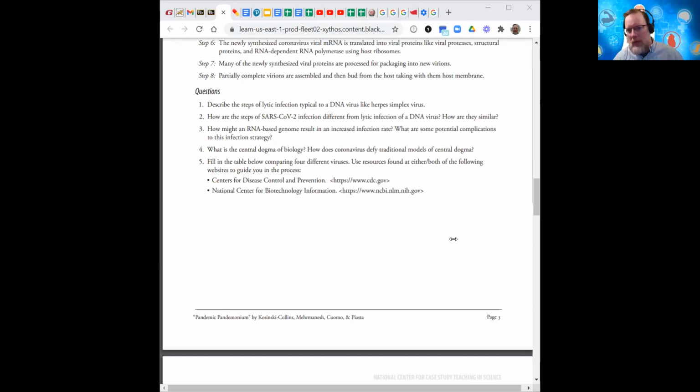So the host ribosomes, the host rough ER is being used. So the factory basically is taken over and held hostage, and the virus is basically saying, hey, we brought our parts in, you're going to assemble them. And so that in essence is what happens.